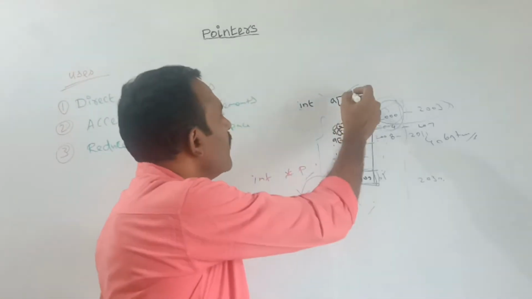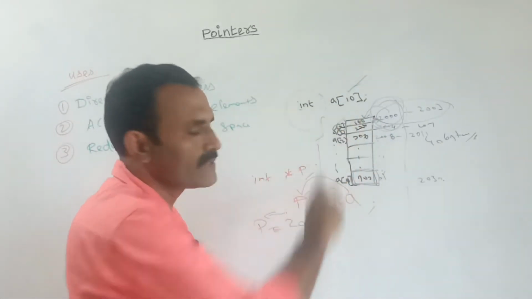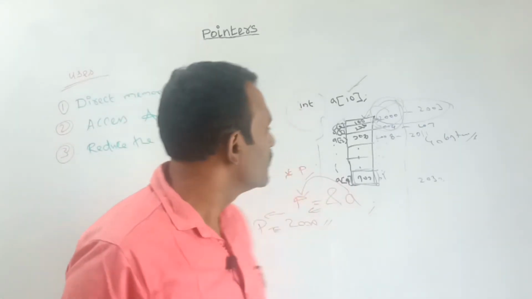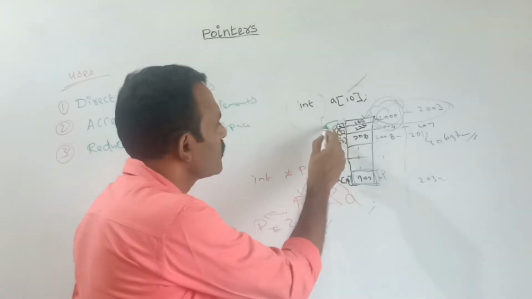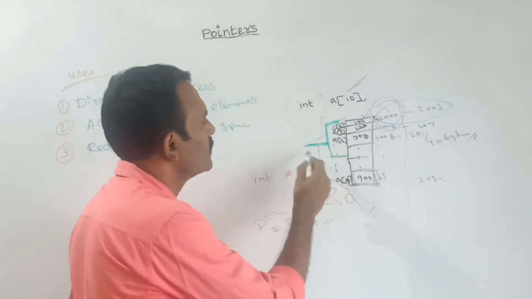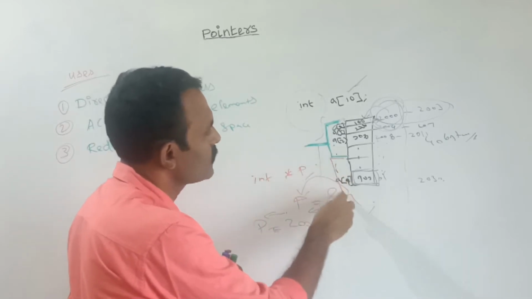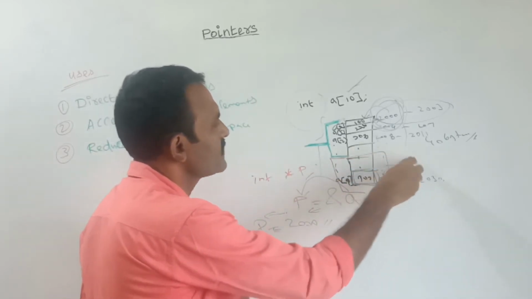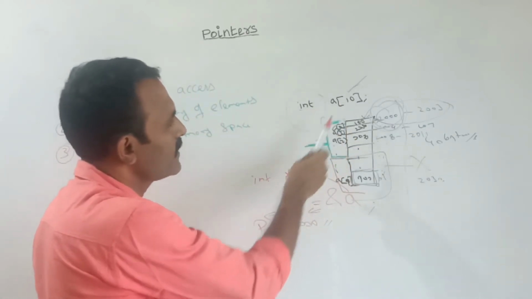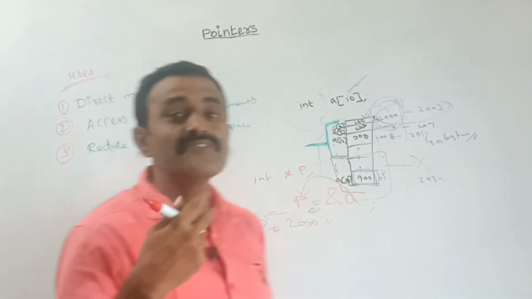So totally this A occupies 10 spaces. Suppose you are giving only 5 elements, then from the 0th position to the 4th position the elements will be stored. Next, the remaining positions from 5th to 9th are wasted because we have declared 10 elements but you have stored only 5 elements. So the remaining 5 element spaces are free space.